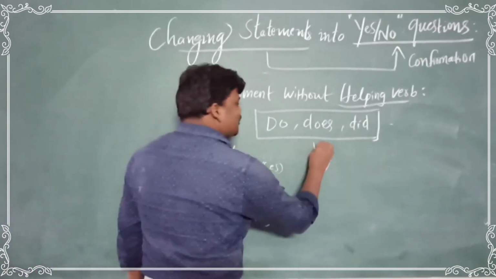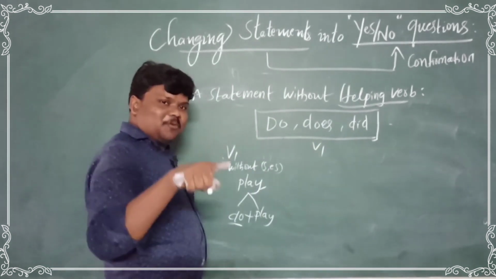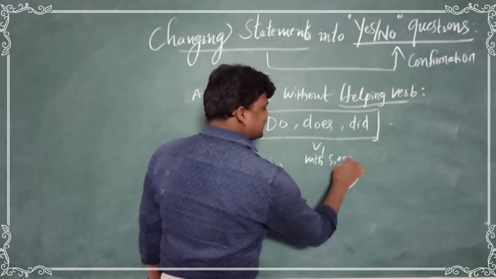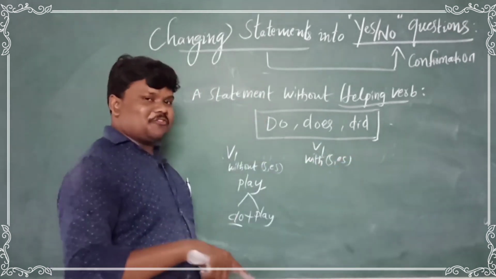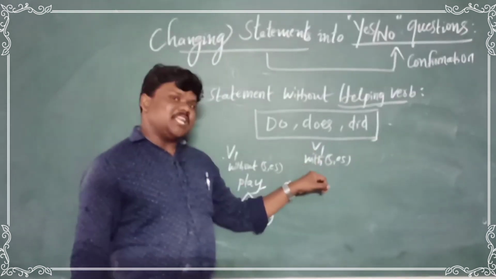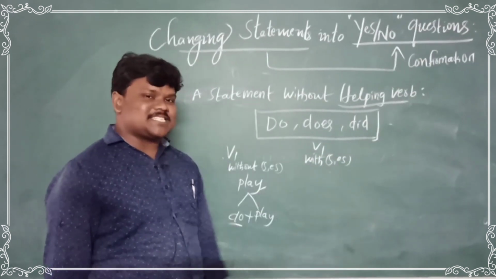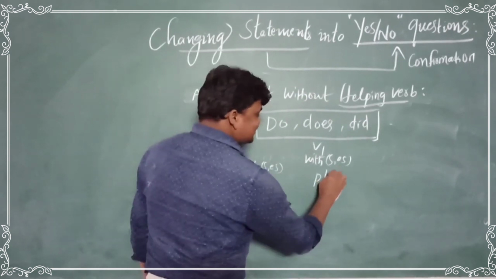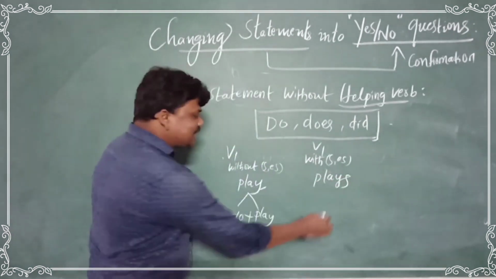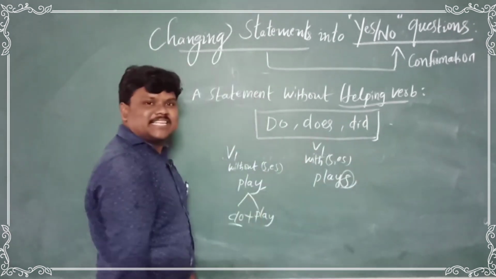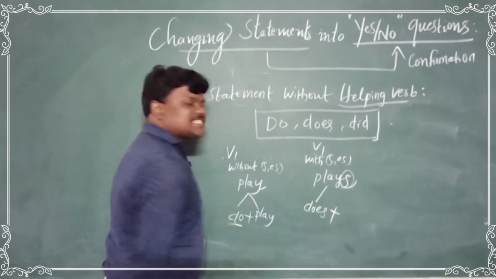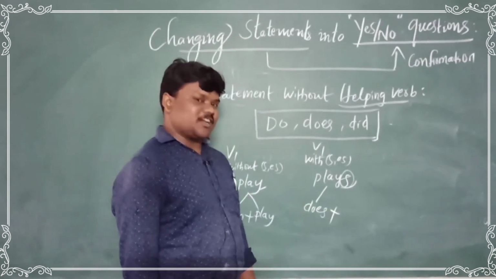And same verb 1, if a verb 1 came with s or es, one more devil is hiding in that. You know what it is? Does. If there is an s or es at the end of the sentence, undoubtedly does is hiding in that, like a devil, like a ghost.